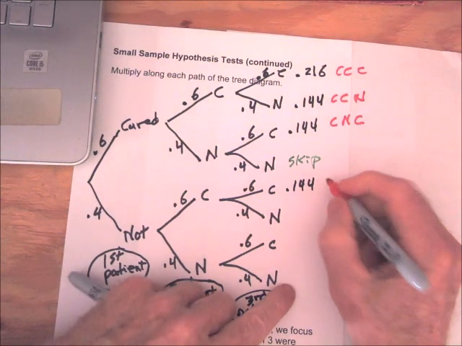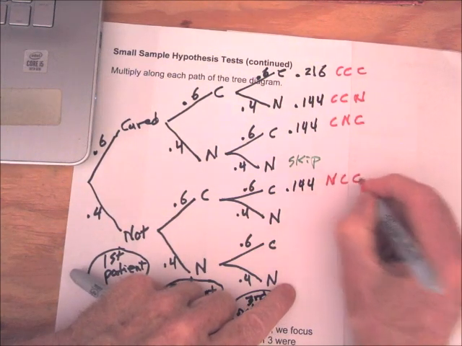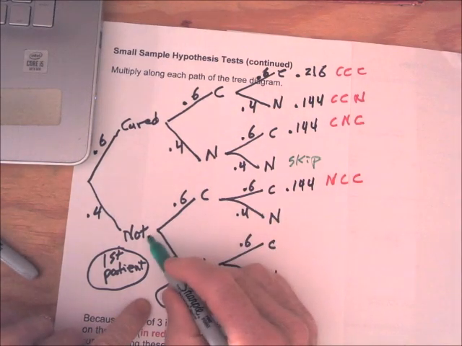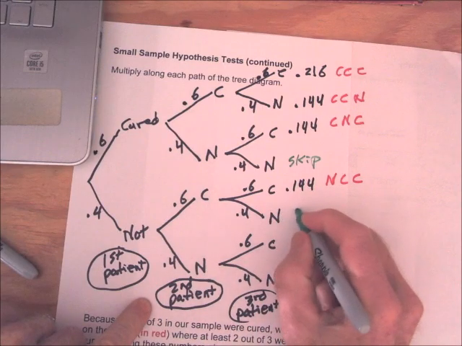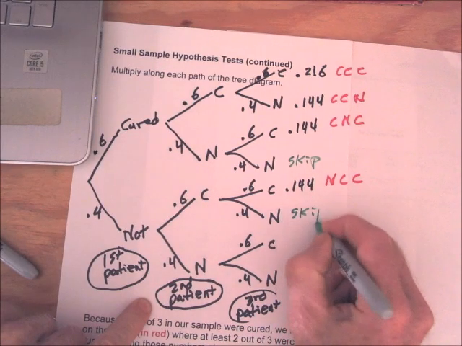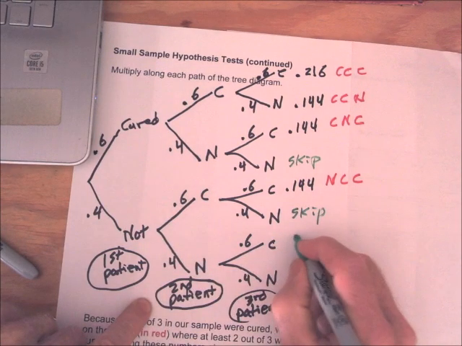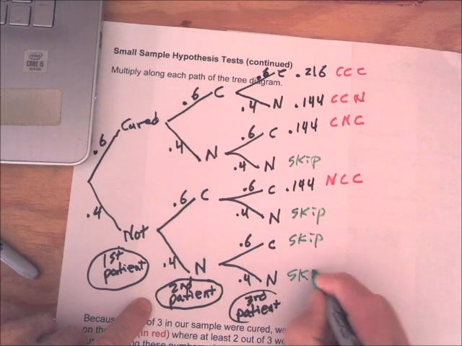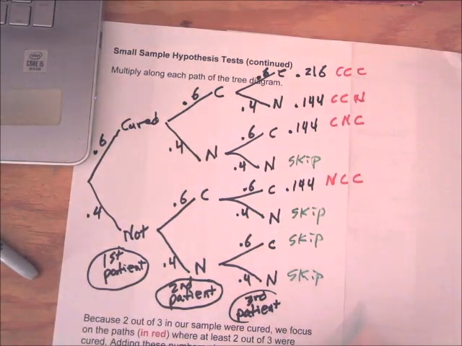And the rest of these paths we can skip. Not cured, then cured, and then not: we can skip that path. Not, cured, not, not: we can skip the paths where we have less than 2 cured.